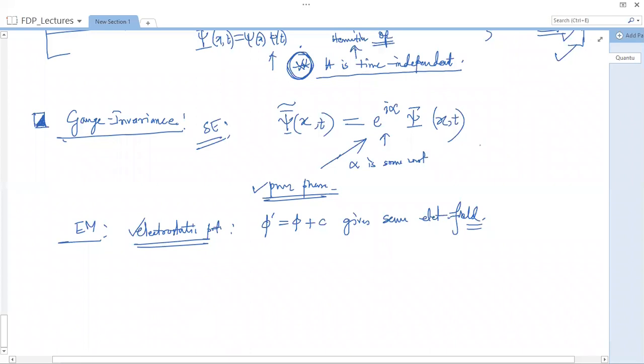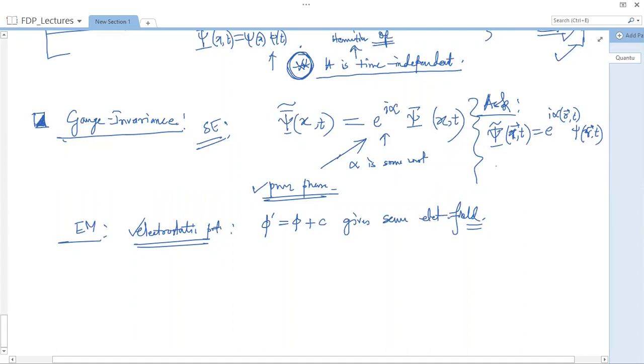And surprisingly, then you can ask a question: what if I don't multiply by a pure phase? What if my alpha is also dependent on r and t, in the most generality?